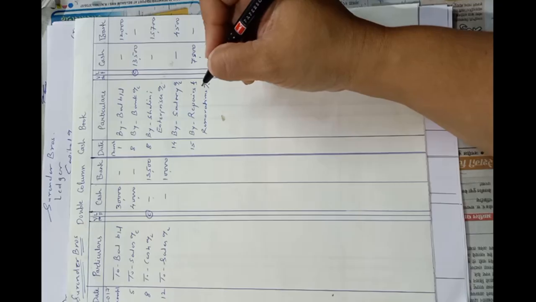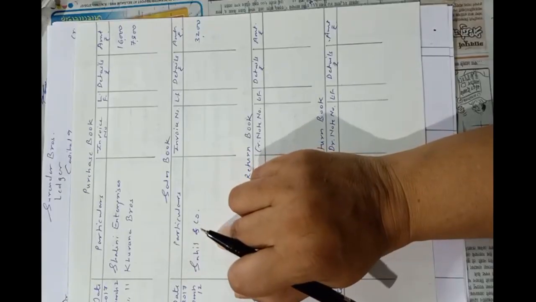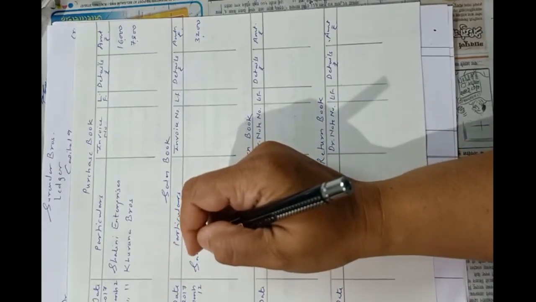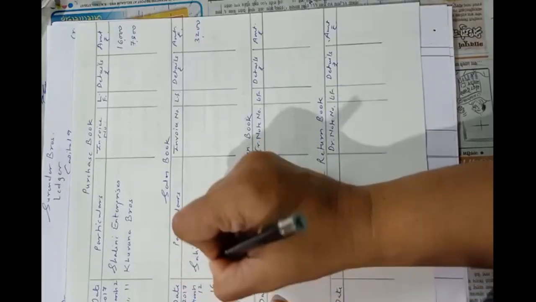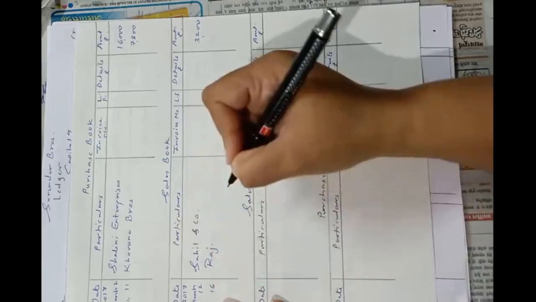Okay, now March 16, sold goods to Raj worth rupees 5,600. This entry is of credit sale, so we will enter it in the sales book on March 16th, Raj, only the name is given, 5,600 directly in the amount column.